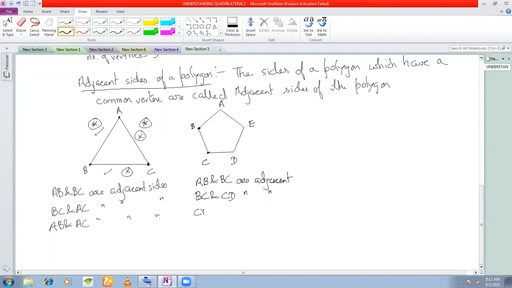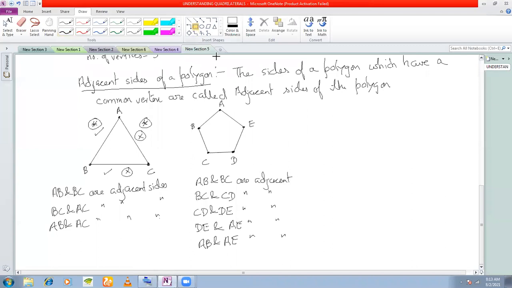At D, CD and DE are adjacent, because they intersect at the vertex D. Next, DE and AE are adjacent, because they have the vertex E in common. Next, AB and AE are adjacent, because they have the vertex A in common.